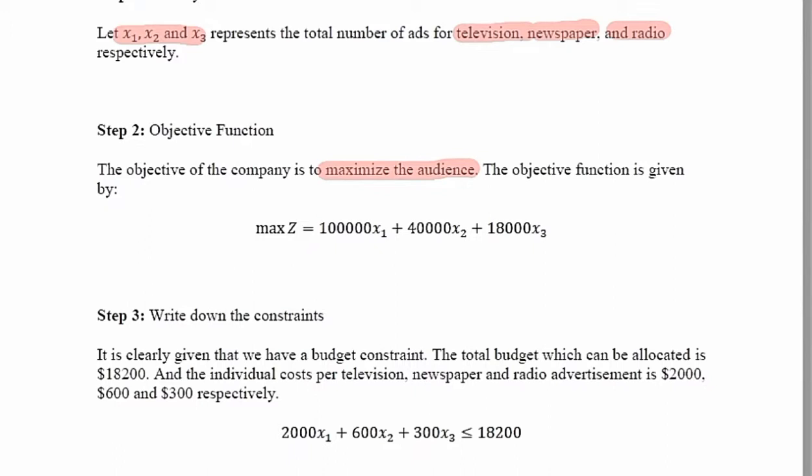The total budget which can be allocated is $18,200, and the individual cost per television, newspaper, and radio advertisement is $2,000, $600, and $300 respectively. This is the first constraint in this problem.